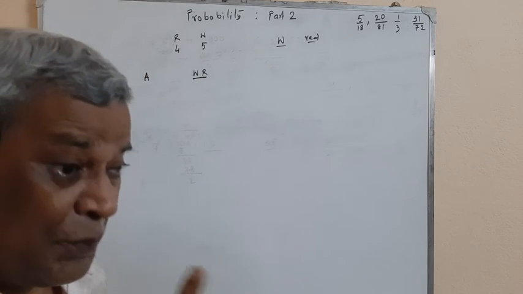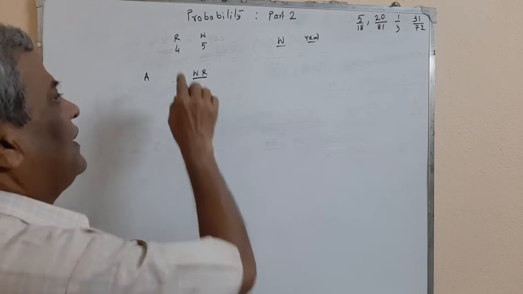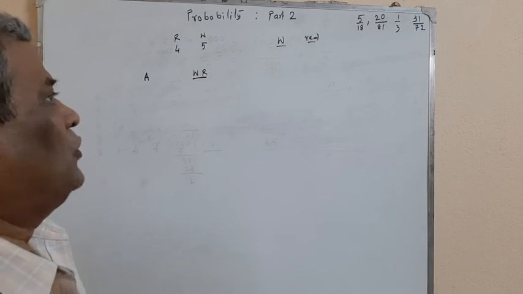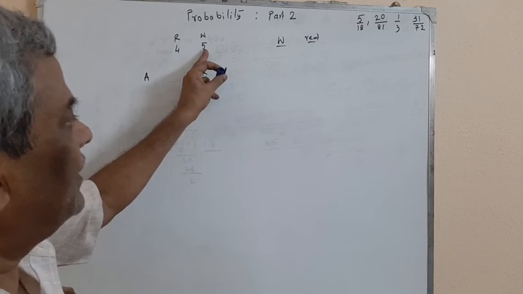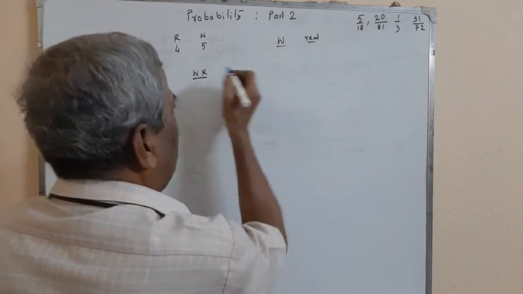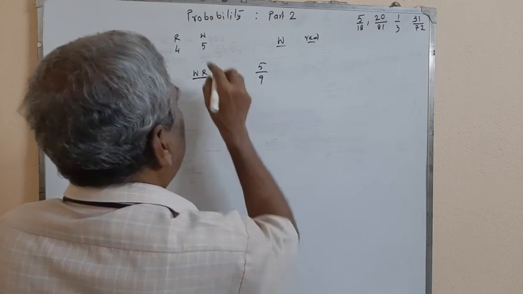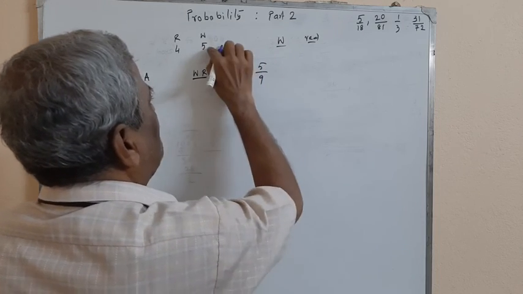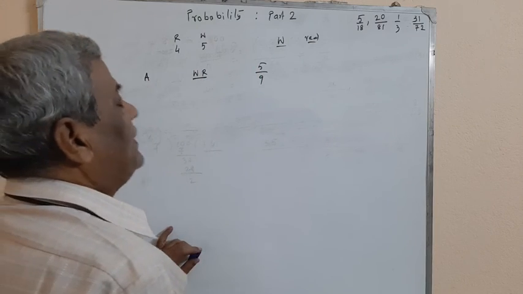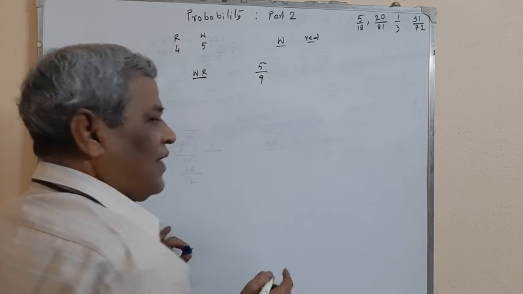We have to find that the first ball taken should be white. In the box, there are altogether 9 balls. Of them, 5 are white. So getting a white ball from them, the probability is 5 by 9. 5 favorable cases, 5 white balls, and altogether 9 balls, means sample space is 9.